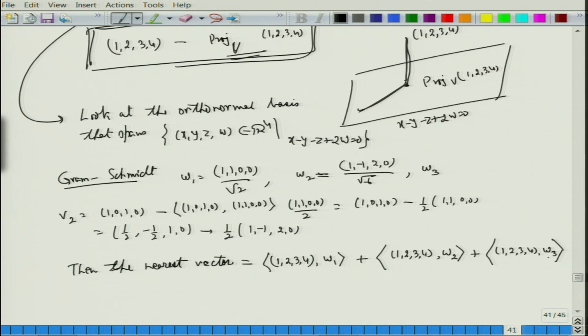So, I would like you to check that these three will also give you the same answer as this, all right. So, these two answers are going to be the same, fine.